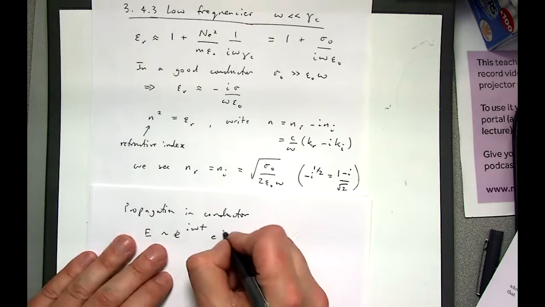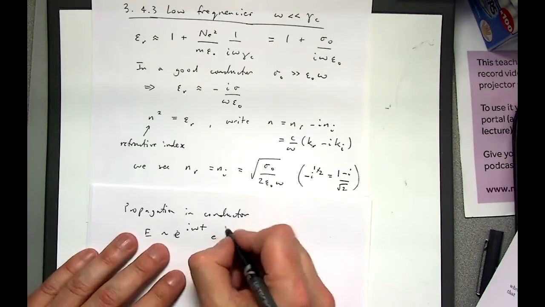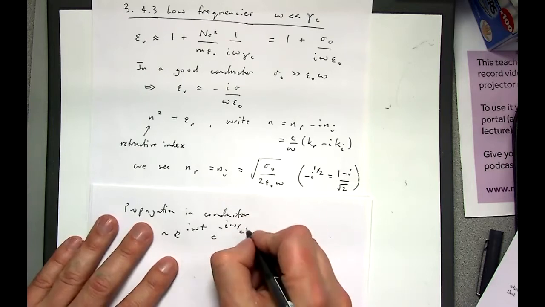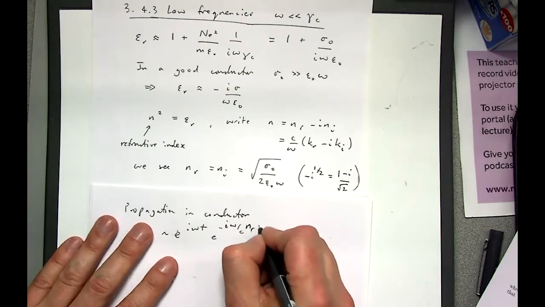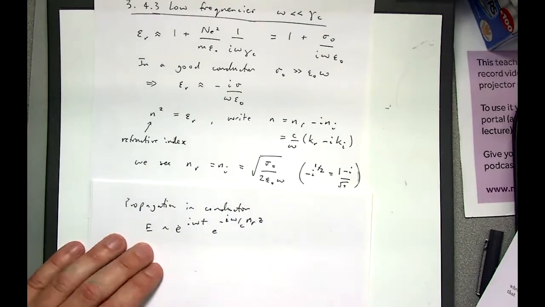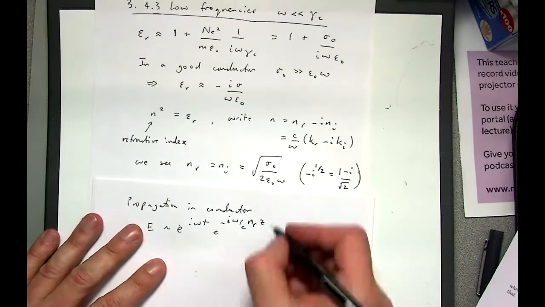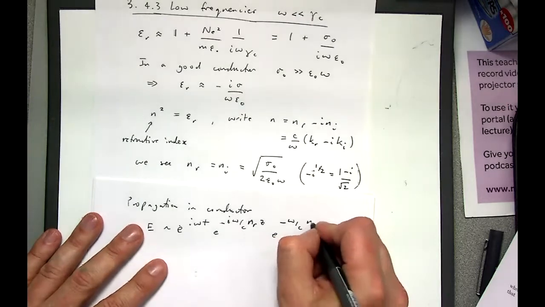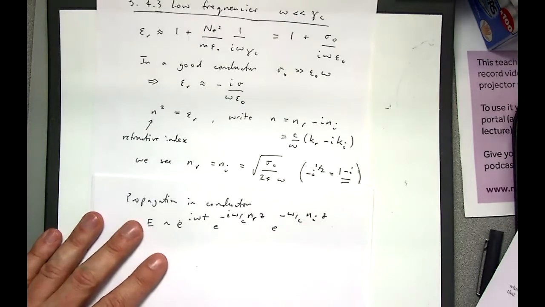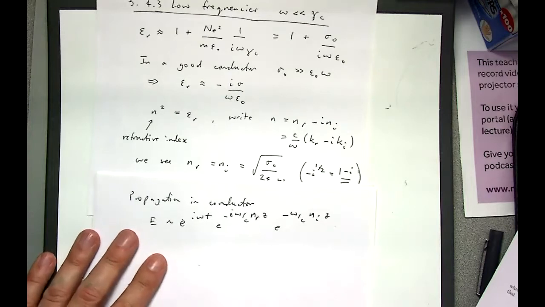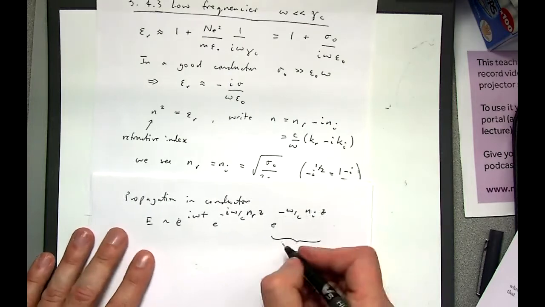It's got an attenuation, which goes as 2 parts. We've got i omega over c n_r z. That's just another way of writing how the phase changes as a function of distance through the material. And then you've got this e to the minus omega over c n_i z. So if we've got the i's and the minus signs right, then this should go down as we go into the material. And that's obviously like another skin depth term again, isn't it?